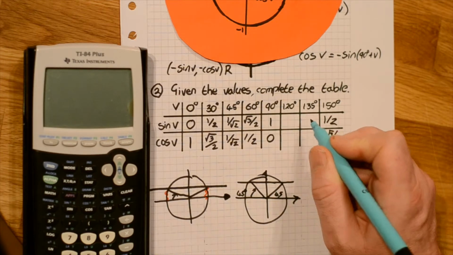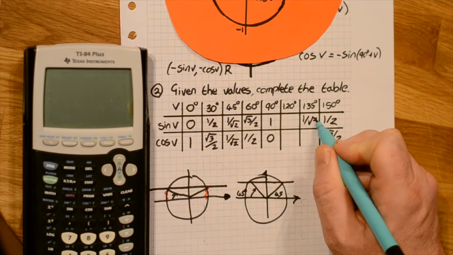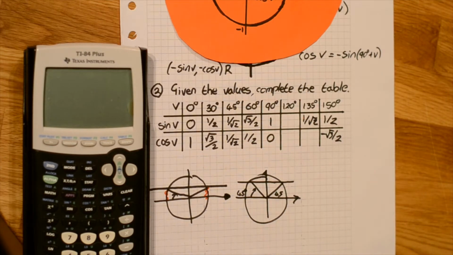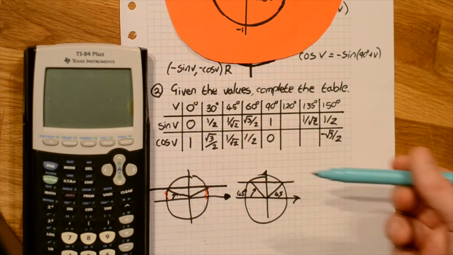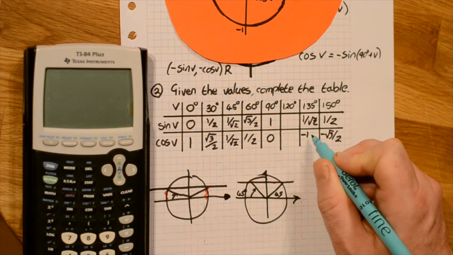This is roughly 0.707, or 1 over root 2. The cosine of this is going to be the same magnitude as the cosine of 45 degrees, but we're moving in the negative direction again, so it has to be a negative version, minus 0.707.